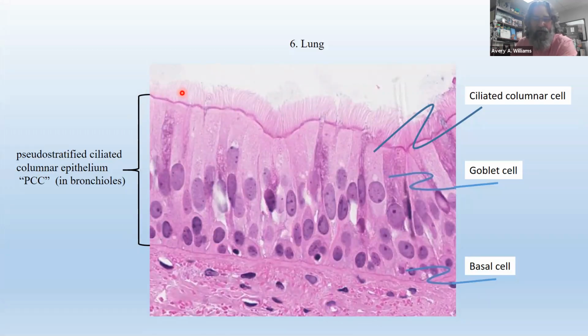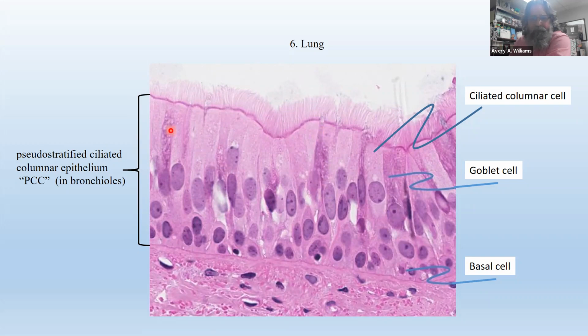Just look how beautiful and detailed these cilia are up there. You cannot confuse this with anything. You got your columnar cells, your basal cells, and look, I'm looking for a goblet cell. I think that's a goblet cell right there. It's kind of grainy looking. Maybe another piece of a goblet cell. Yeah, and then here's one right here.